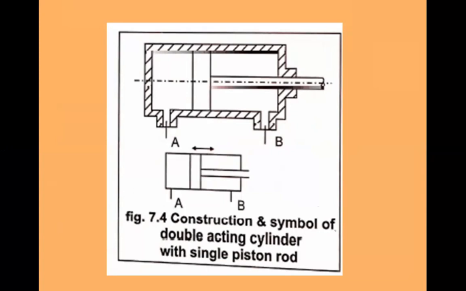Okay. Now I request all of you take 2 minutes to draw this diagram. Be fast. All of you please draw this diagram as well as the symbol of the double acting cylinder with a single piston rod.